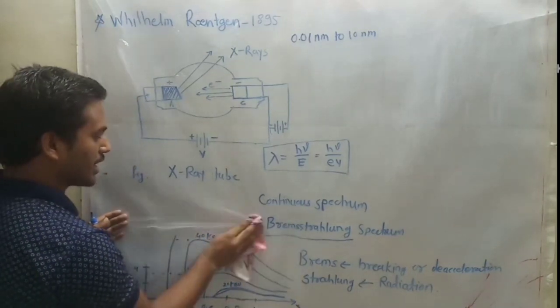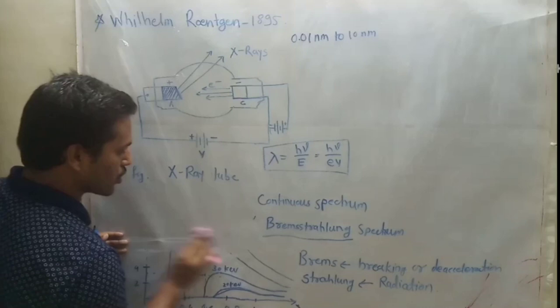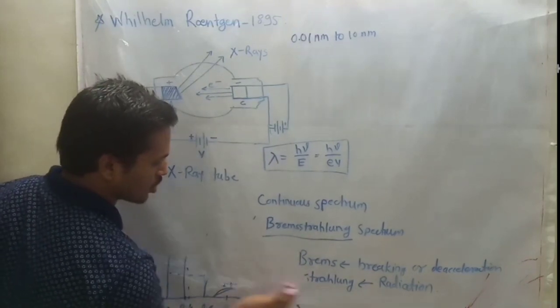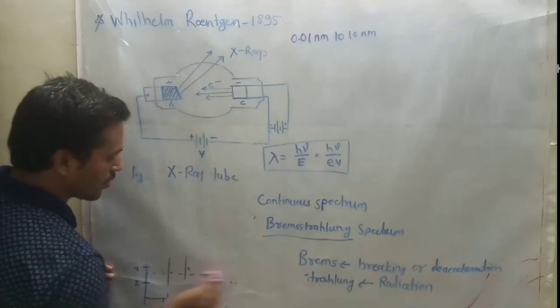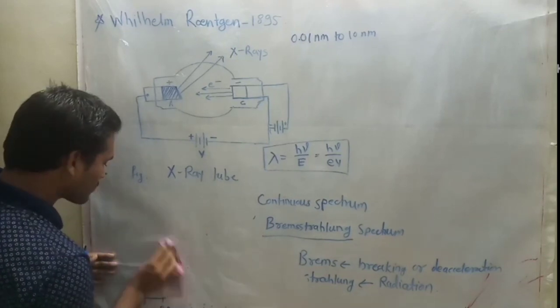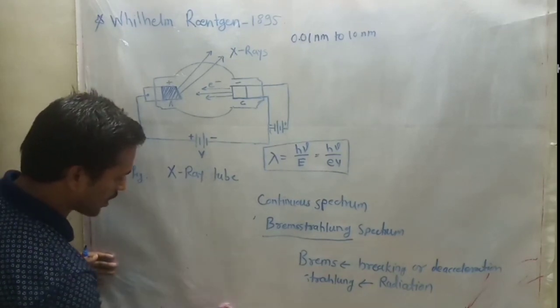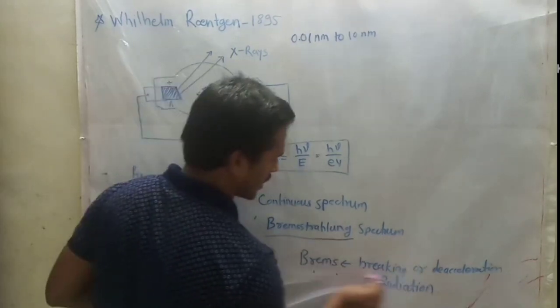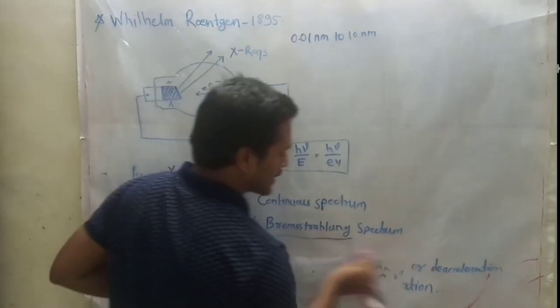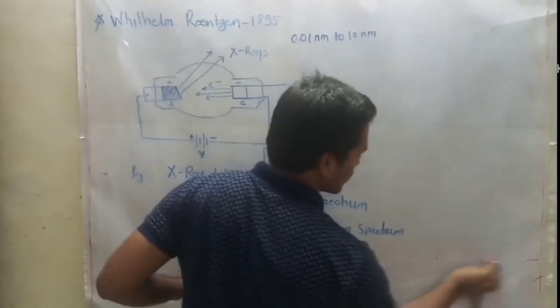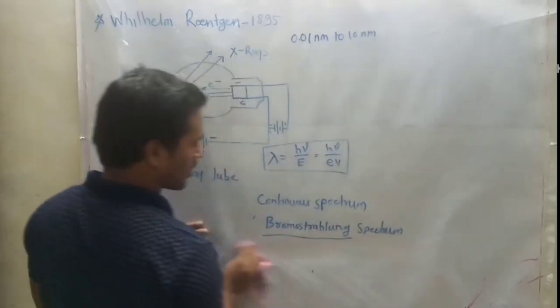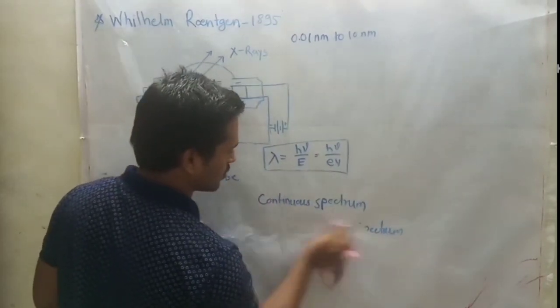Bremsstrahlung photon is the photon produced by the acceleration of an electron when it goes slightly near the heavy target nucleus, and its kinetic energy is converted into photon energy.